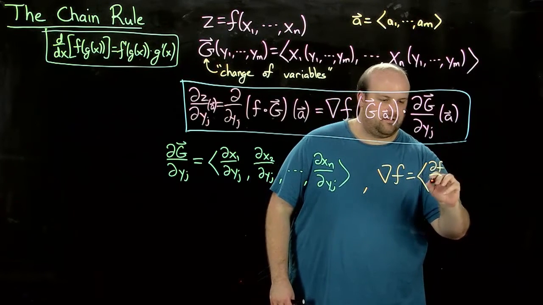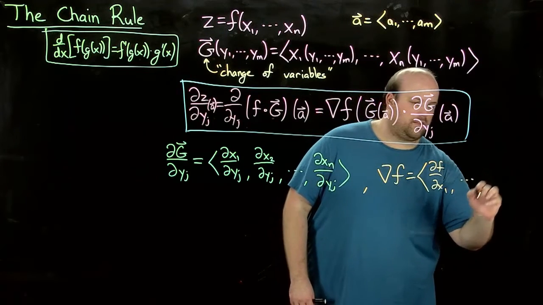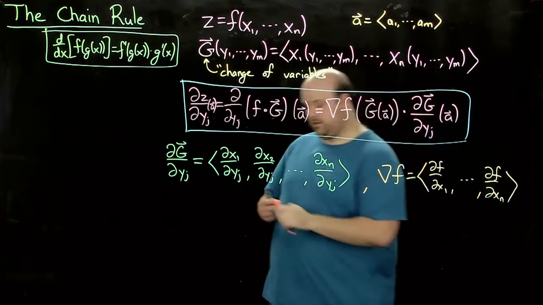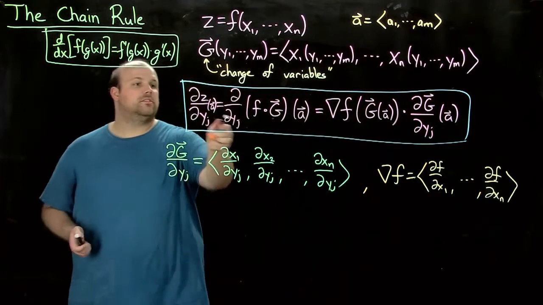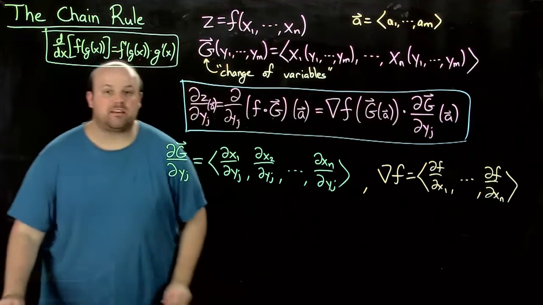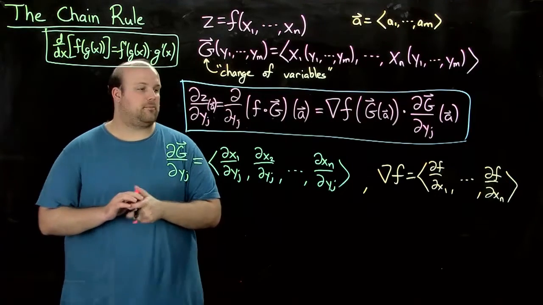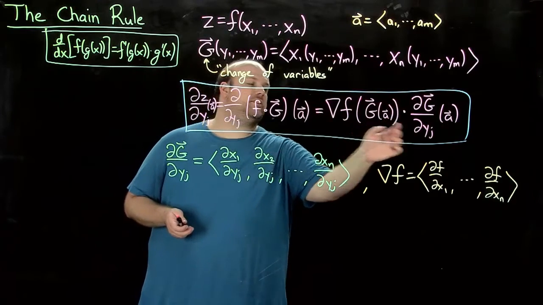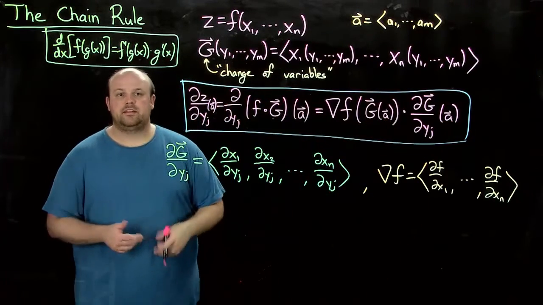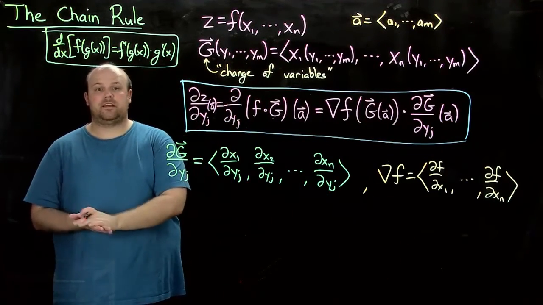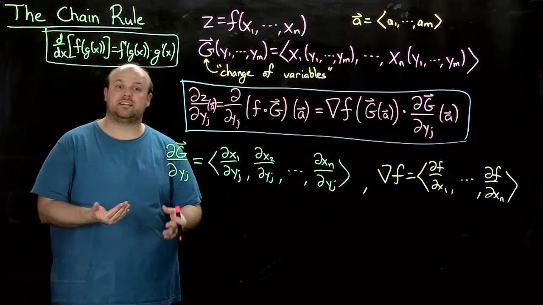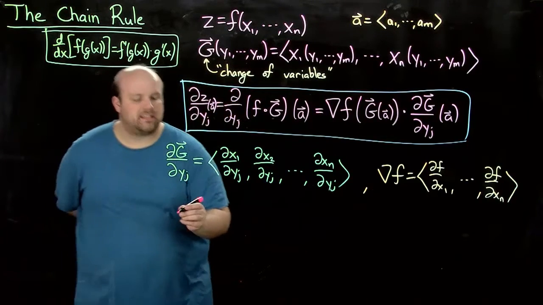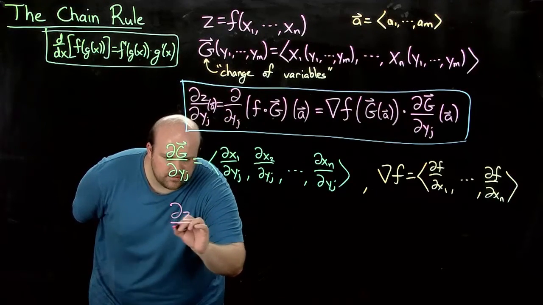So df dx1 all the way through df dxn, right? So what this formula up here becomes, if we do this dot product, and what I'm going to do here is I'm going to leave off the "of g of a" and the "of a." So you'll have to remember on your own that those are there, but otherwise this formula is going to get a little bit messy.